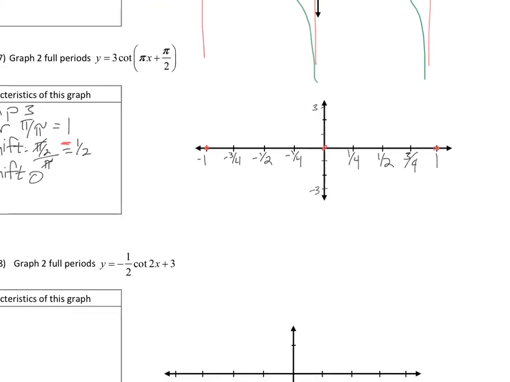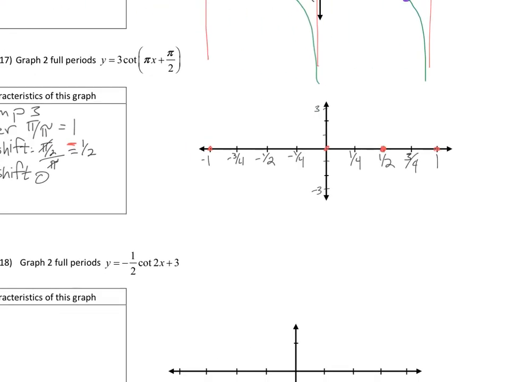So each of these are going to go backwards 1/2, which is half of your period or 2 tick marks. So they all go back 1/2. Okay, so that one is going there. That one went there. That one went there. Okay, now I draw asymptotes through those.